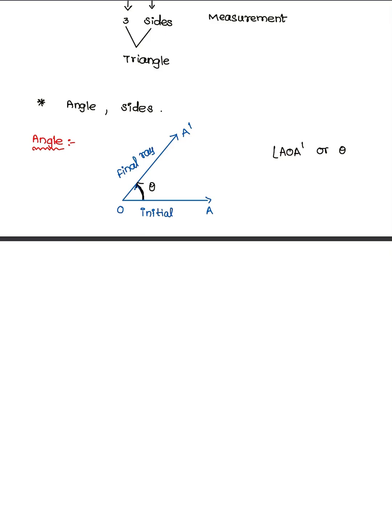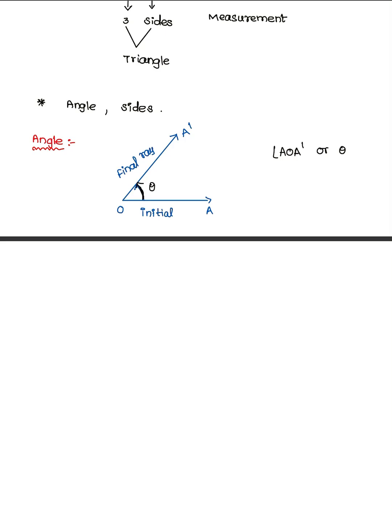So we need to start from AOA dash only. In lower classes you may learn angle as A dash OA or AOA dash or angle O. But here you cannot say like that. Okay, from the starting point to the ending point only you need to measure the angle. So this is angle. That means the amount of rotation from initial ray to final ray we call angle.